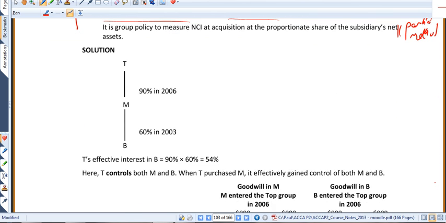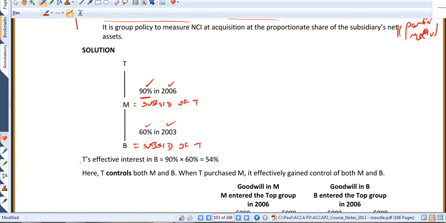Now, it's always useful in these complex group questions to draw up a group structure. Here, a reminder that T owns 90% of middle, purchased in 2006, and middle bought 60% of bottom in 2003. Now don't forget, we, top, control middle, middle controls bottom, so both of these companies are subsidiaries of T. And don't forget, everything we're doing is from T's perspective.